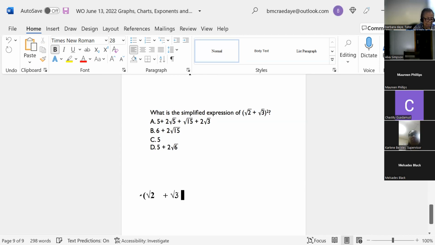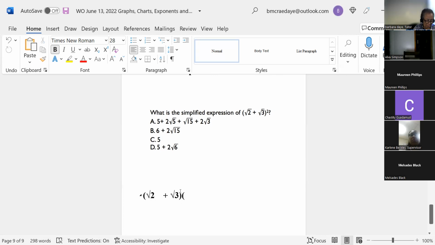And I want you to use FOIL and multiply this. You know how to use FOIL? I have to look at the big diagram to do it. I want you to know how to use FOIL because that can save you a lot. So let's just take this and multiply it by itself.